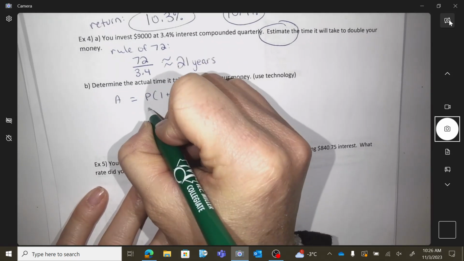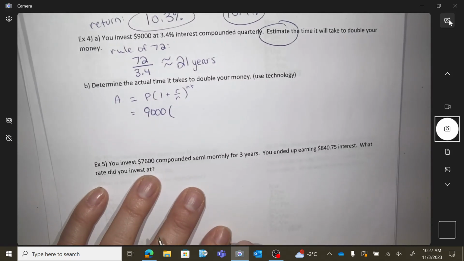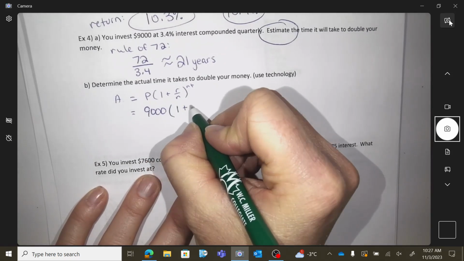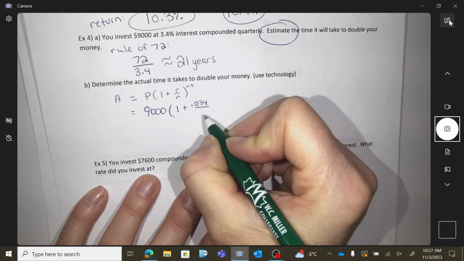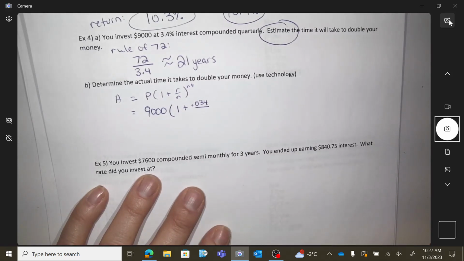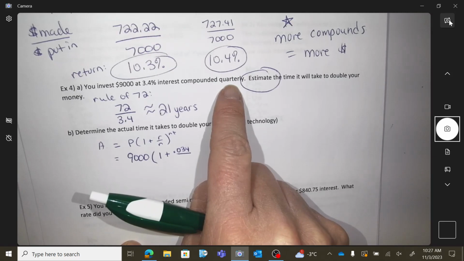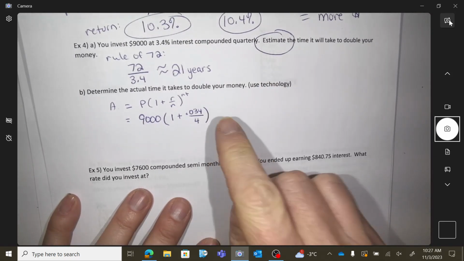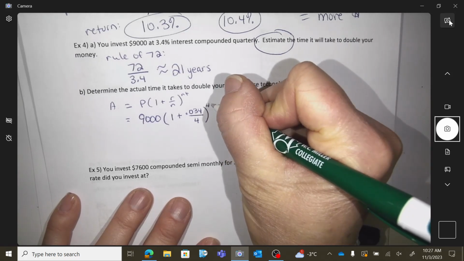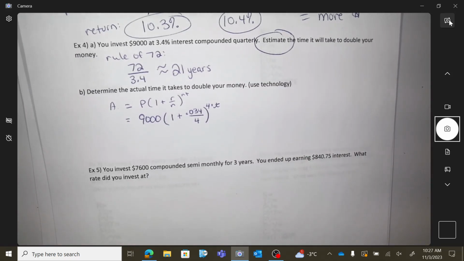Principal, I can do 9,000 right there. 1 plus 0.034 divided by n. How many times a year do you do all this? Quarterly? 4. The exponent would be 4 times the time. That's the thing I'm trying to figure out.